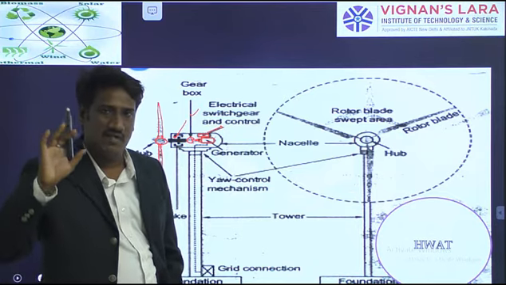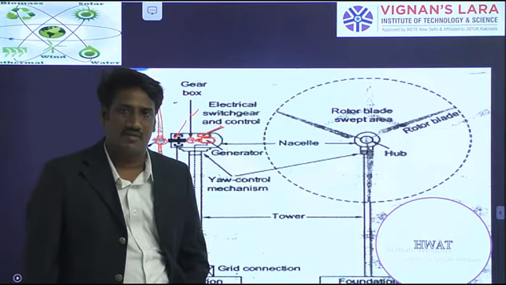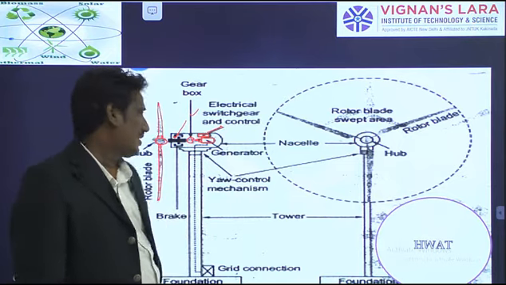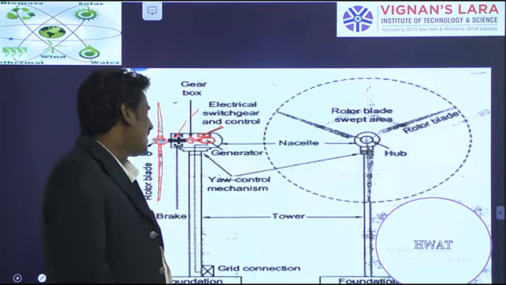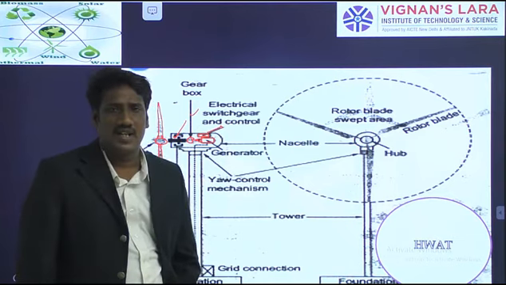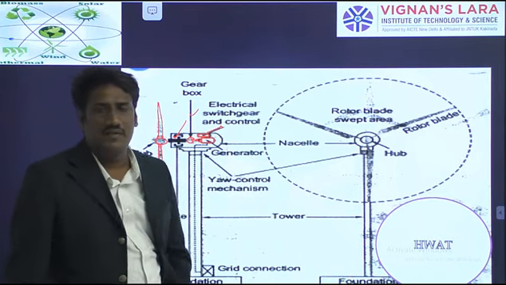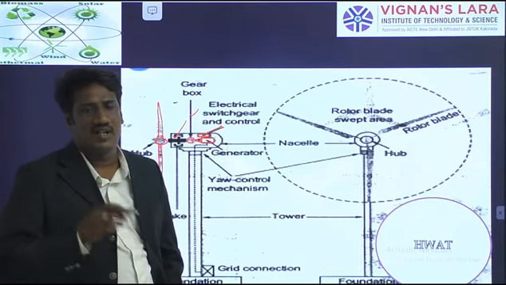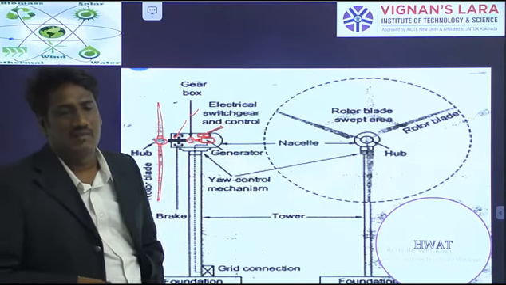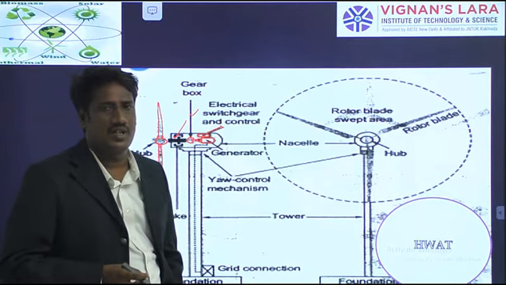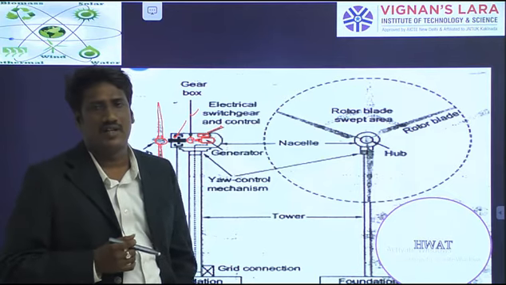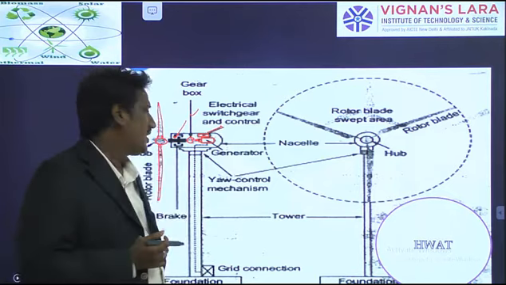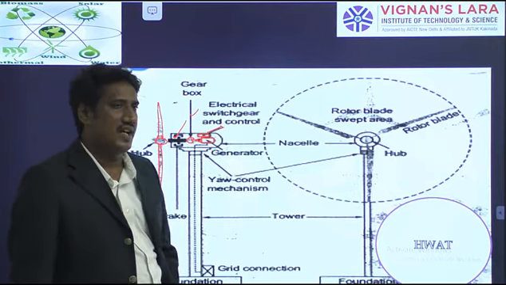The circuit breaker is the one which actually opens the circuit. Likewise, different electrical switchgear equipment like isolator and fuse. Whenever excessive current comes, automatically the fuse blows out. So mostly the switchgear equipment will be isolators, fuses, circuit breakers, and relays.